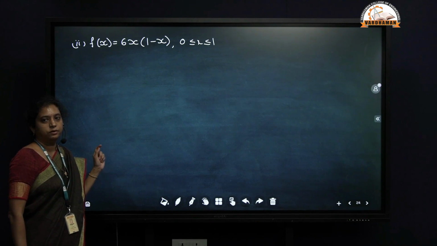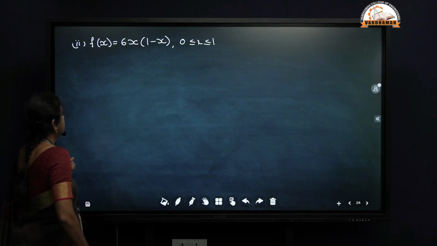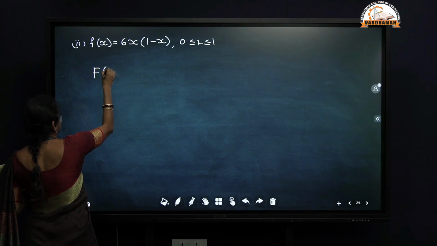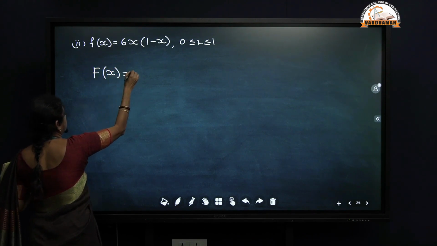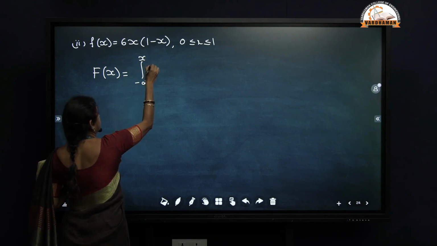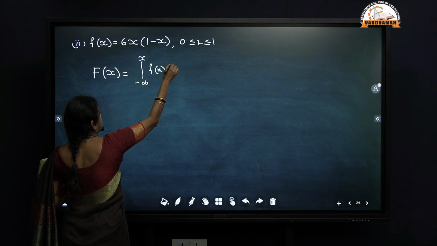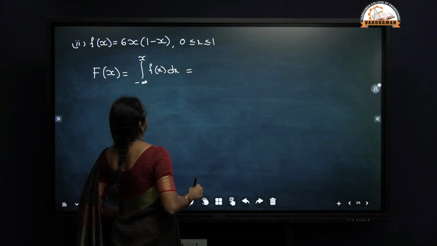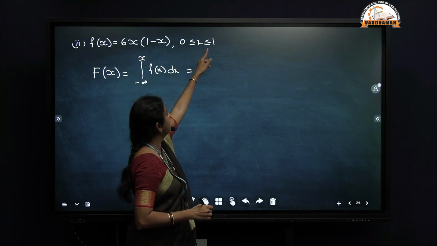Also we have to find the cumulative distribution function for this function. So we'll define the cumulative distribution function. Capital F(x) is equal to the integral from minus infinity to upper limit x of f(x) dx. Here the function is defined in the interval 0 and 1.